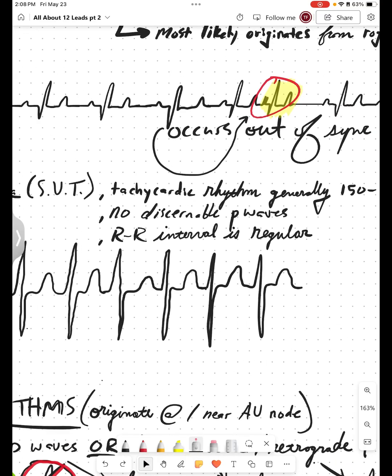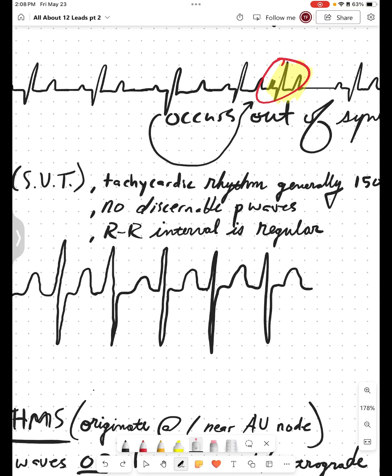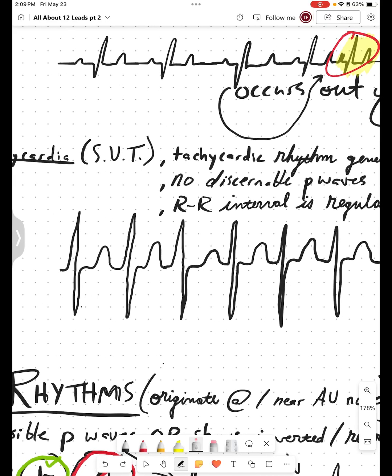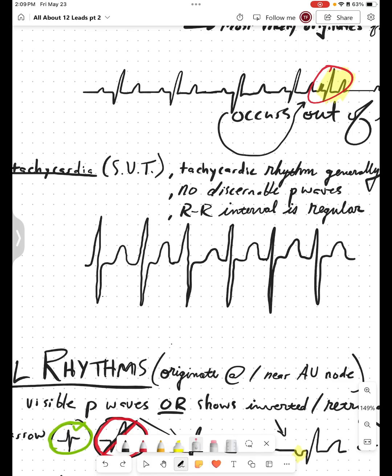There are no discernible P waves, and the R to R interval is regular. So as you can see here, we have a fast rhythm. We have a T wave that really just goes right into another QRS, T wave right into another QRS, and there's no visible P wave.